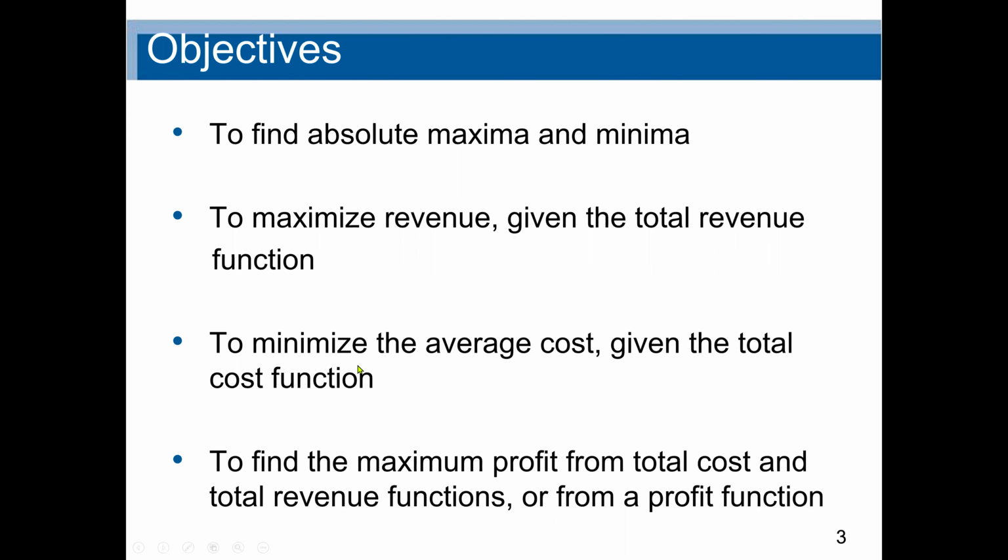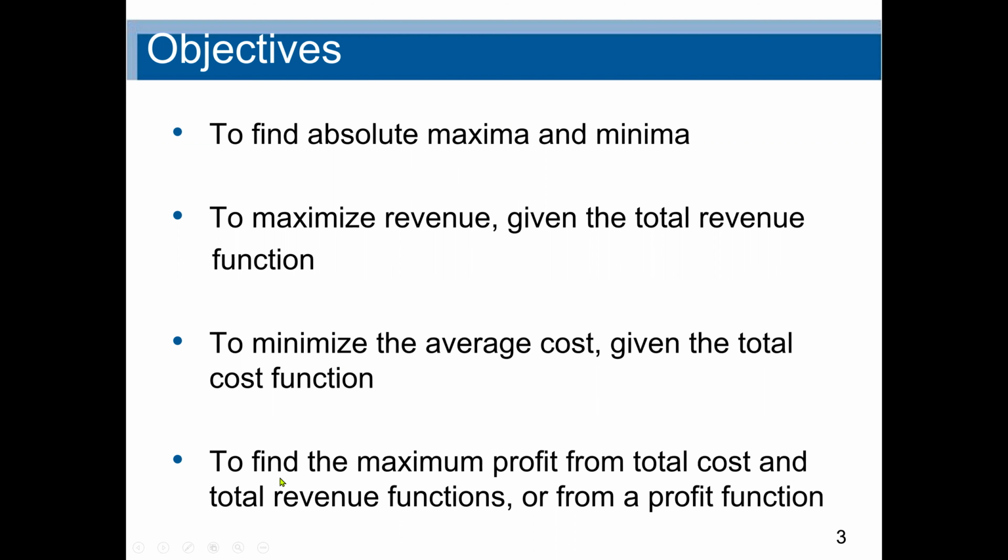Also, how to minimize the average cost given the total cost function. We want to minimize it, so we're looking for the most minimum. So the concept will be absolute minima. We find the absolute minima of the average cost function, and that will give us the most minimal average cost.